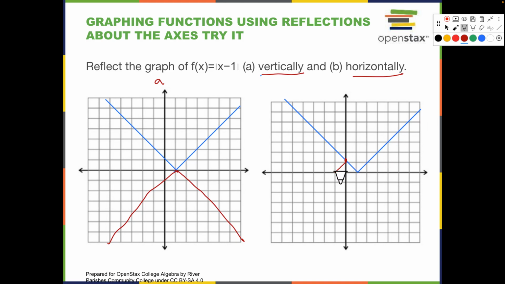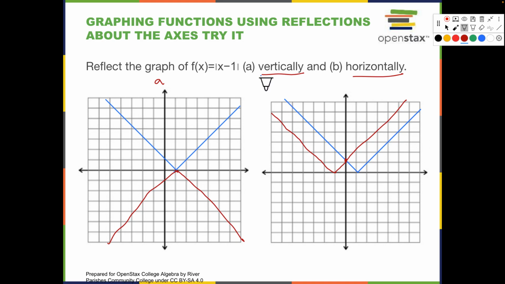This part will go there. This part that was negative x's is going to become positive x's and go there. So it reflected over the y-axis. And again, you could try that with decimals, and you would see.